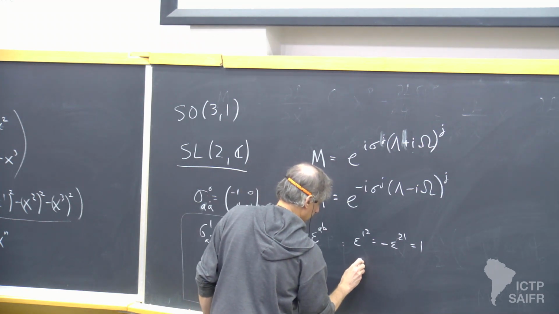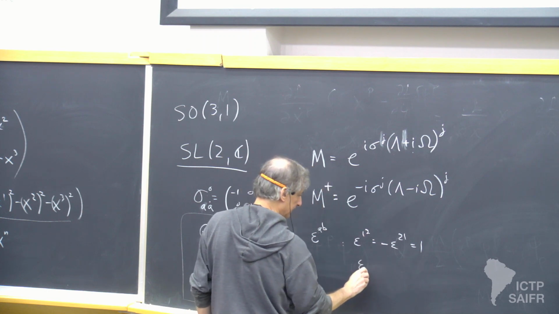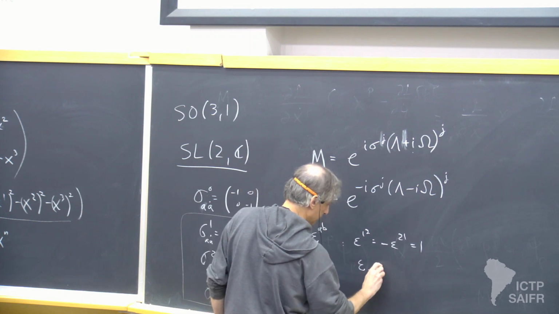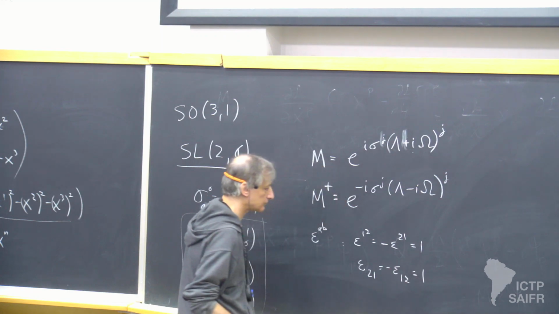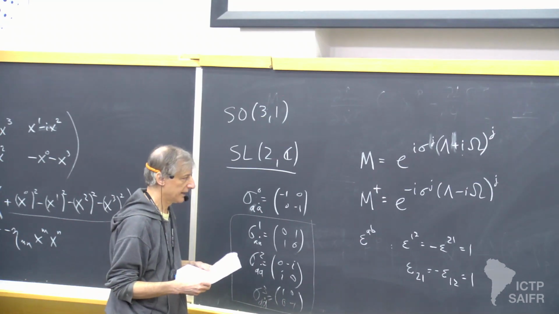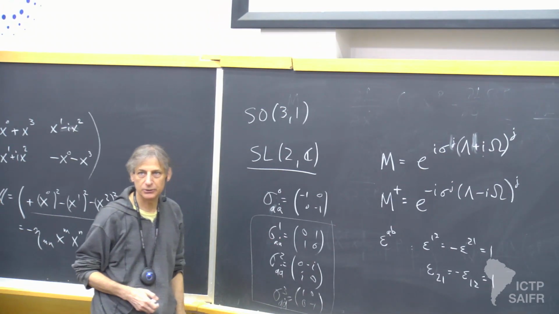And you also can lower indices. So in that case, it's convenient to define the opposite way: epsilon_{21} is equal to minus epsilon_{12} is equal to 1. And of course, epsilon_{11} equals epsilon_{22} equals 0.